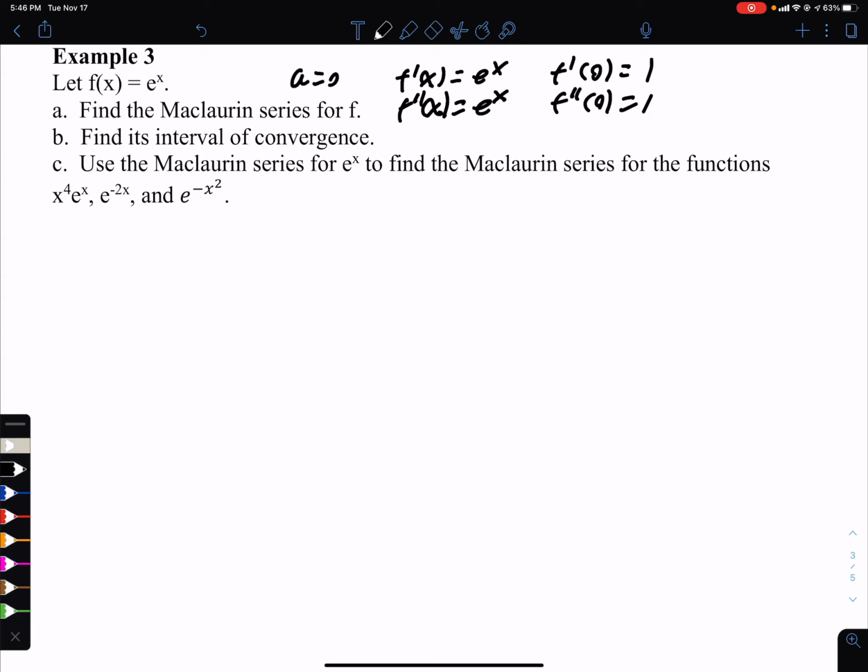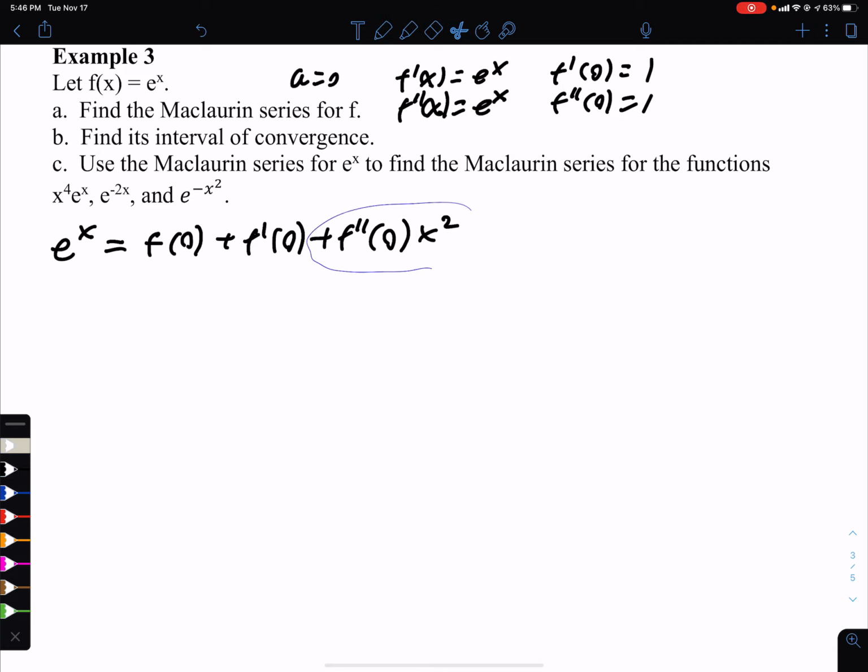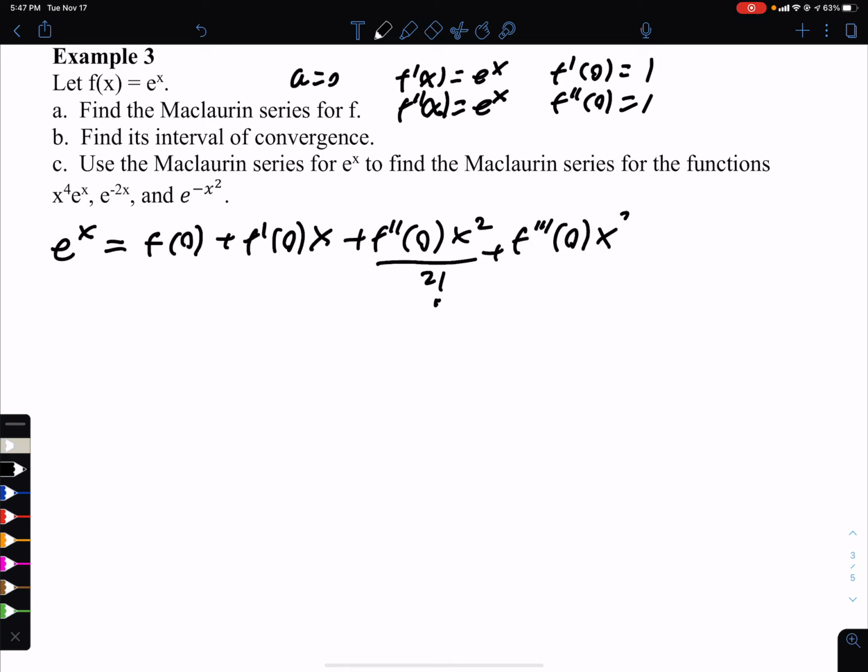So here we go. e to the x, the Maclaurin series, is going to be f at 0 plus f prime of 0, x plus f double prime of 0, x, oh, I forgot an x on the other one. Okay. x squared over 2 factorial plus f triple prime of 0, x cubed over 3 factorial plus dot, dot, dot.